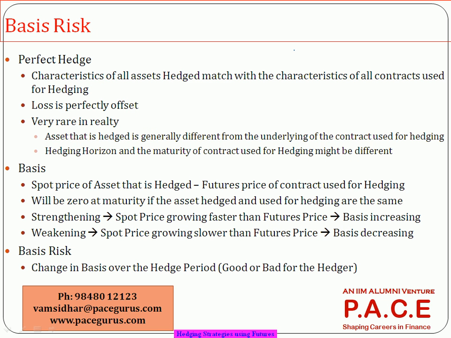Now, the one important thing that we have to look at in this context is, what do we mean by a perfect hedge and what is an imperfect hedge? Let's say I want to hedge my portfolio.